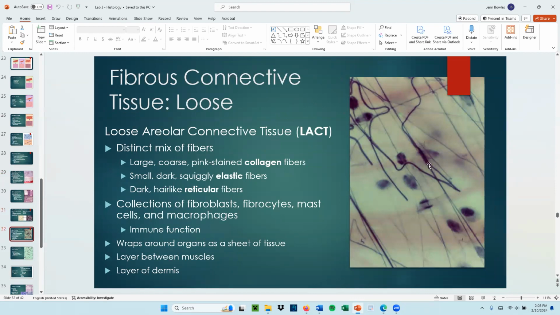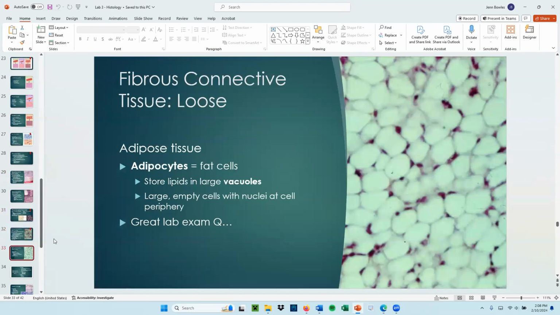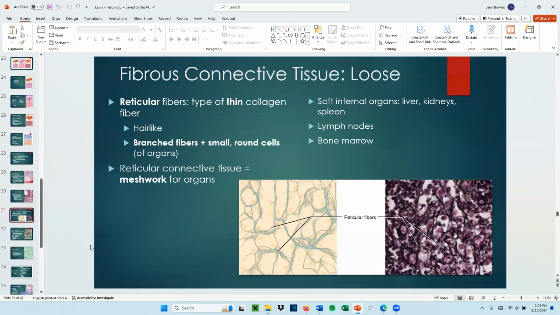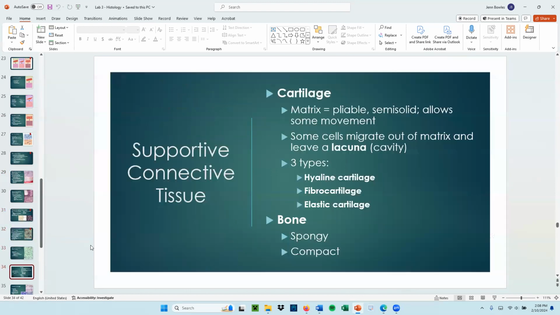They do make a nice lab exam question, whether that's PowerPoint versus a microscope question. So anything like this where I've pointed out, this is a really distinct type of adipose tissue. It's easy to tell apart from the other stuff. That's really a good hint that this might show up on the lab exam versus something like our reticular connective tissue. So those kind of hints directly apply to the lab exam too.